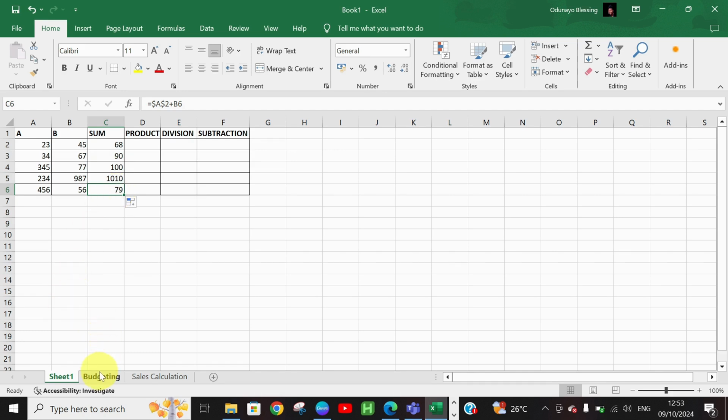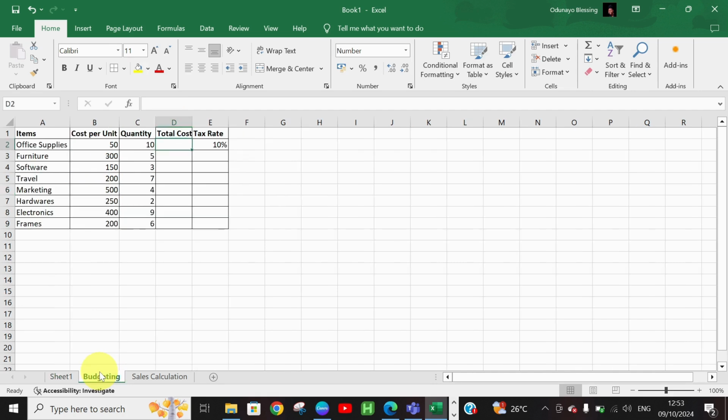Now the next question is, where are all of these applicable? You can apply it in budgeting, in sales calculations, and other calculations as well. So we are going to be using this data to test how this can be utilized when we talk about absolute references.